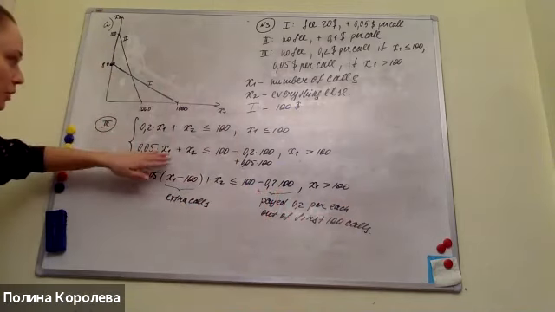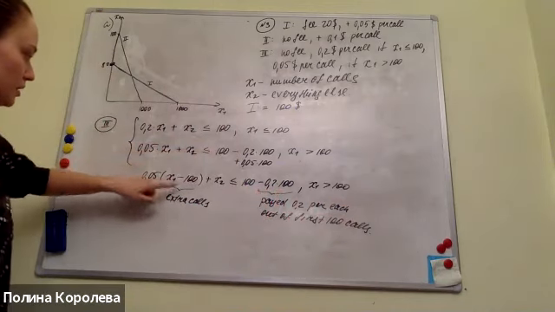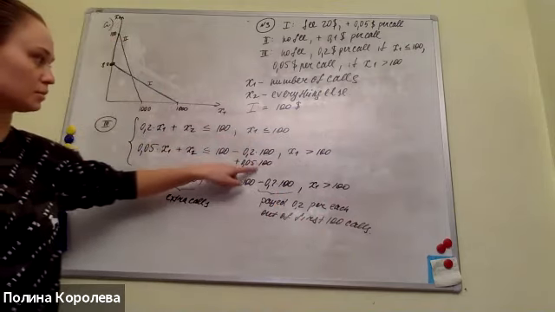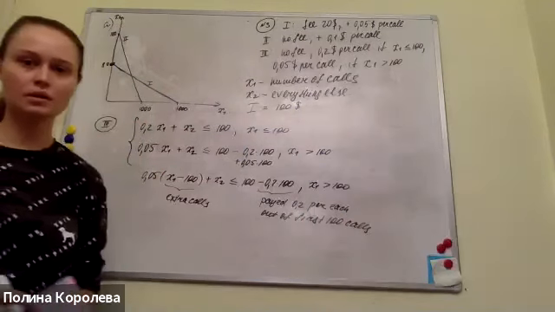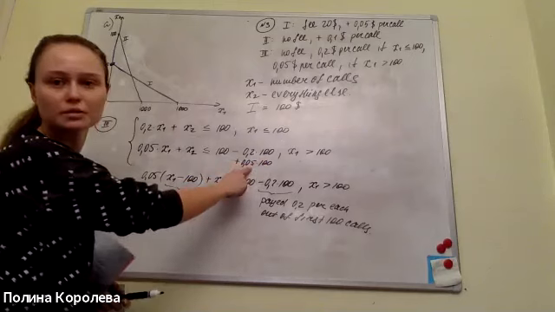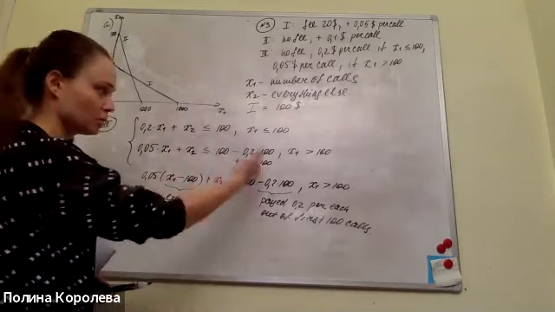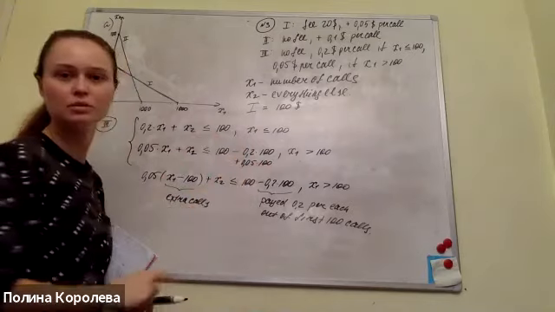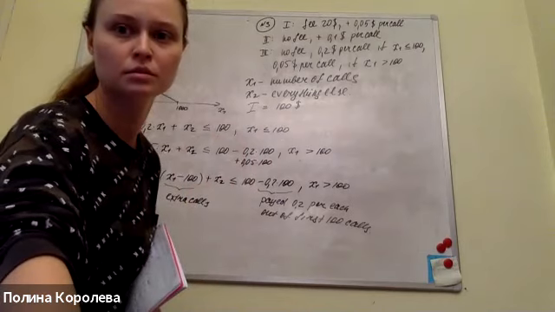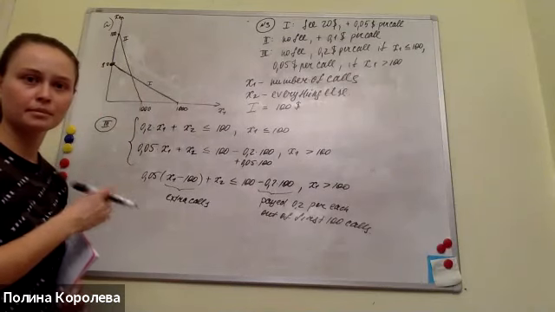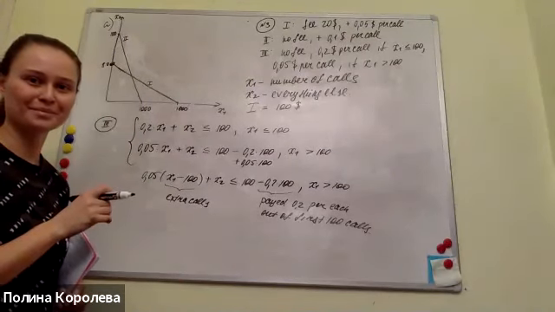Because when we open the brackets, we can put it on the other side and put here plus 0.05 multiplied by 100, because we did not pay 0.05 for these first 100 units. So we should add this sum to our income. We paid 0.2 per unit for the first 100 units. Okay? Yeah, it makes sense.